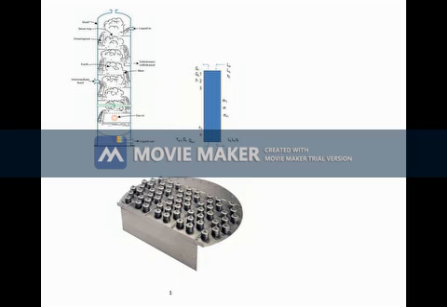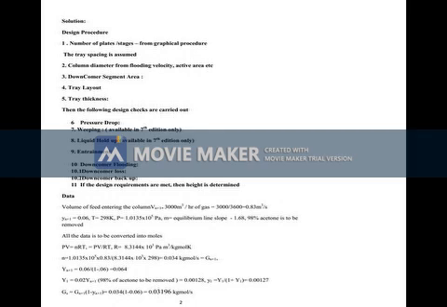Once again, I will show you the notation. Here you see that the trays are numbered from top to bottom: 1, 2, 3, n minus 1, n, and the gas will go from the bottom to the top. The notation for the gas coming from the nth plate is Gn. Gn minus 1 is the gas molar flow rate from the n minus 1th plate.